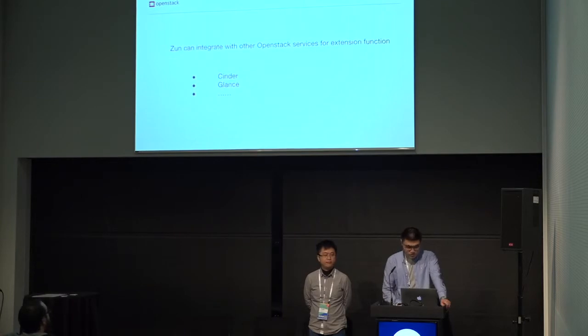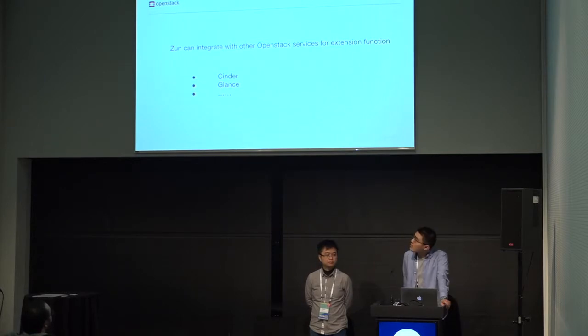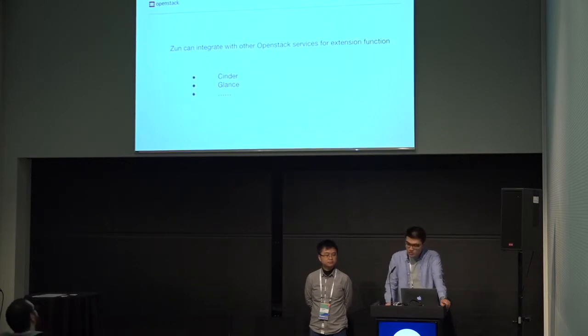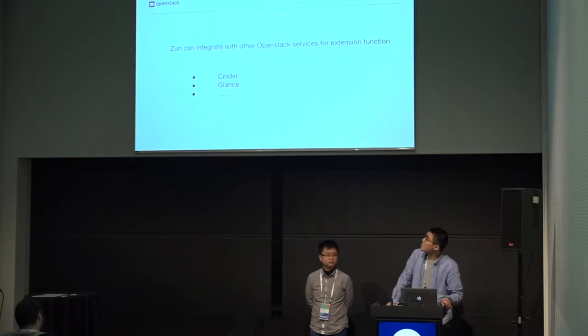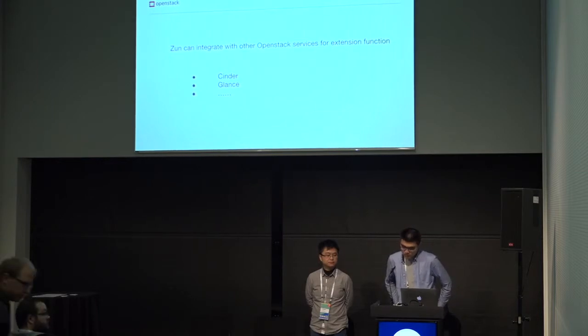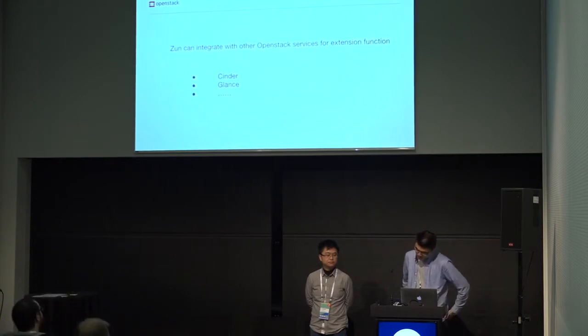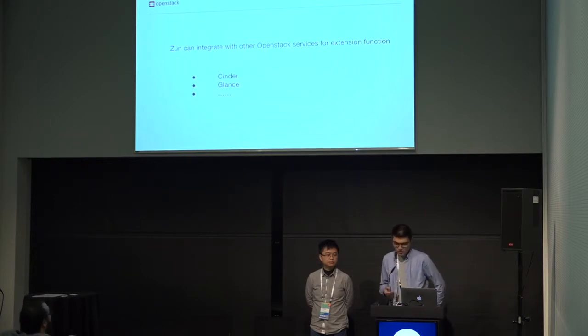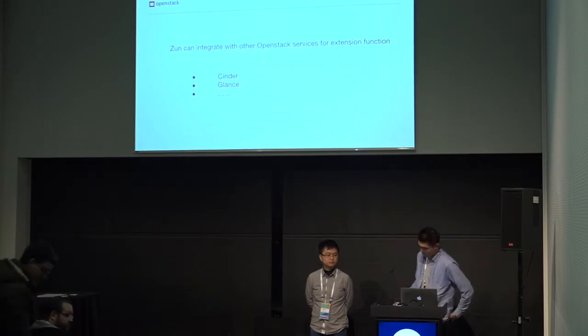So we can also use other OpenStack services for extension functions, as you can see, Cinder and Glance. In actual business, sometimes we need to save data for a long time. So the way we support it is to use Cinder. With Zun, when we create a container, the user can choose to mount a Cinder volume to the container.